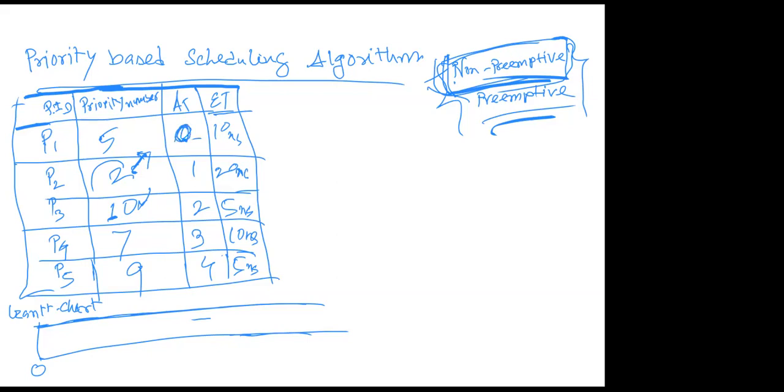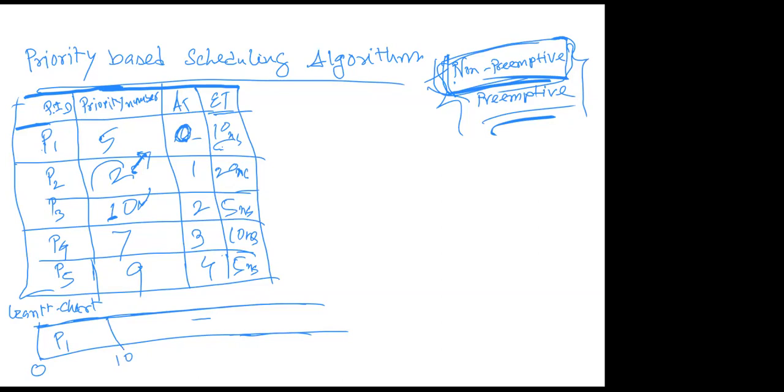It will just schedule the process P1. Since it is non-preemptive, once you schedule P1, it will run until it completes its execution. So it takes a total of 10 nanoseconds, and it completes its execution at 10.